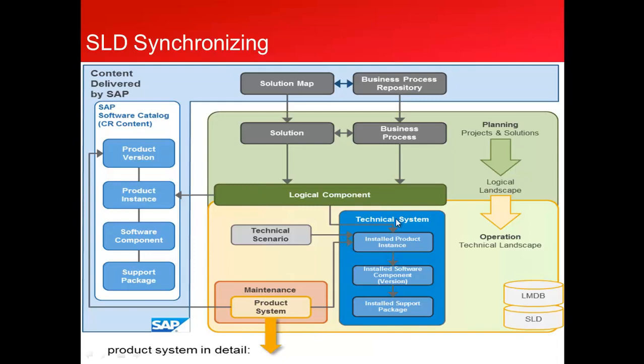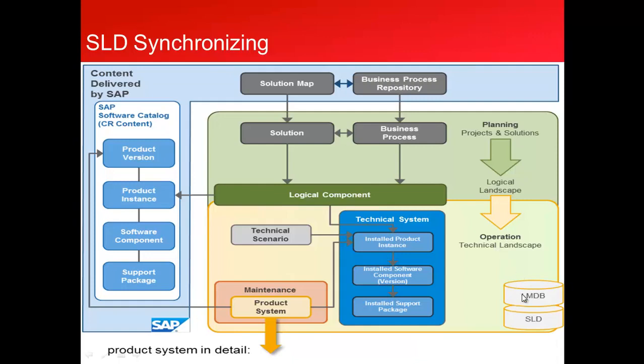The technical system also has the same set of components as the SAP delivered components. It has an installed product instance, installed software component version, installed support package. And if we take it from the maintenance point of view, we work on the product system.